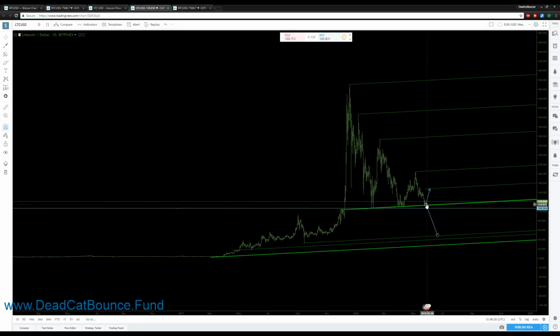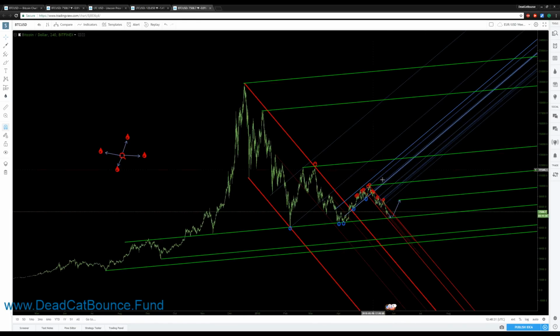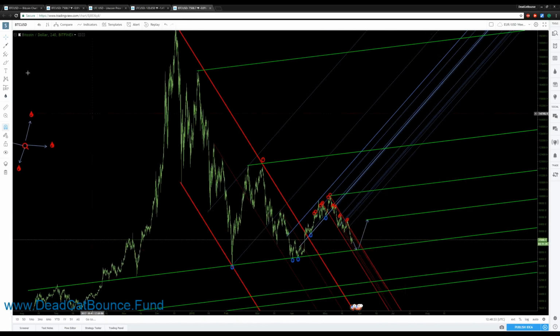So right now they're at crucial levels. The crucial level for Bitcoin is not 6K. Many people will be looking at this horizontal line right here, 6K, and they say, well, if we move below 6K, then it's game over. But the truth is, this is the level that you should be looking at, which is 6.7.